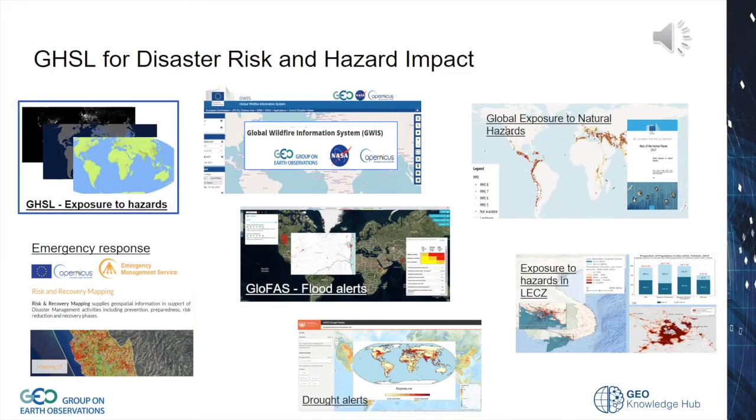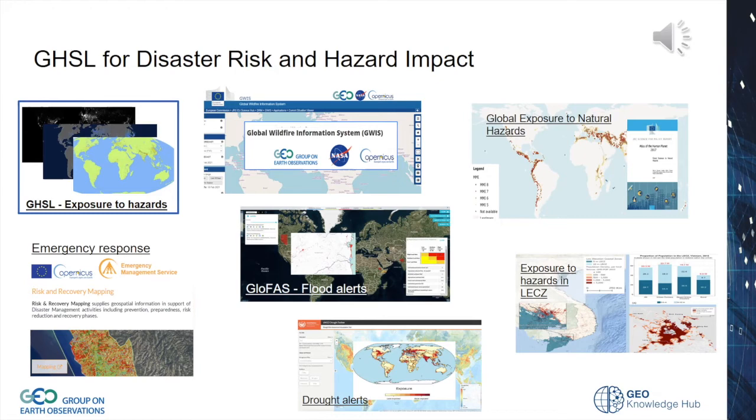The settlement layers were originally developed to address a shortage of global population and built-up data for operational use in crisis management. Today, the layers are used to generate exposure to hazards and are key data sets in a number of information services.